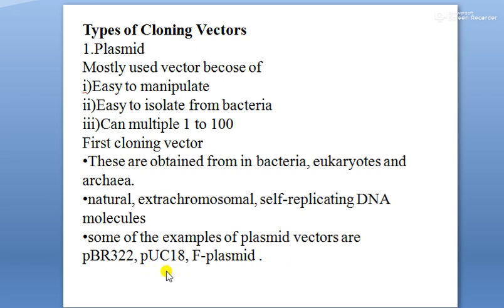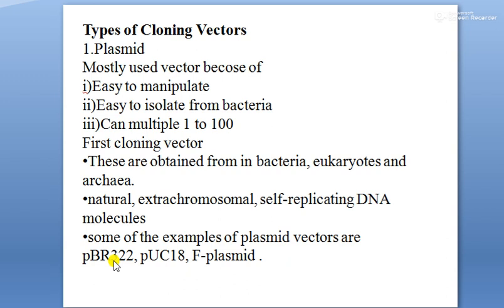Some examples of plasmid vectors are pBR322, pUC18, F plasmid, etc. When we see the nomenclature of plasmids, it starts with p for plasmid, then the letters like BR are related to the discoverers.